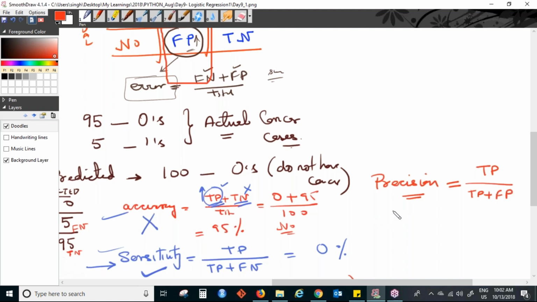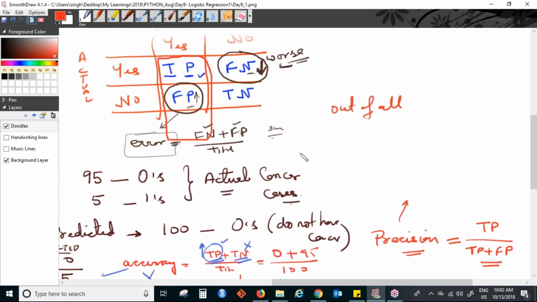So the interpretation of this is, what is the denominator here?